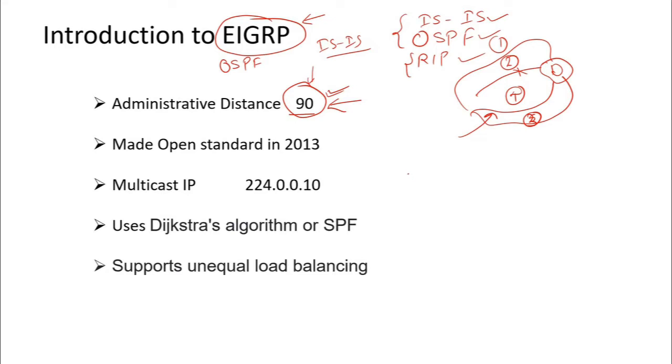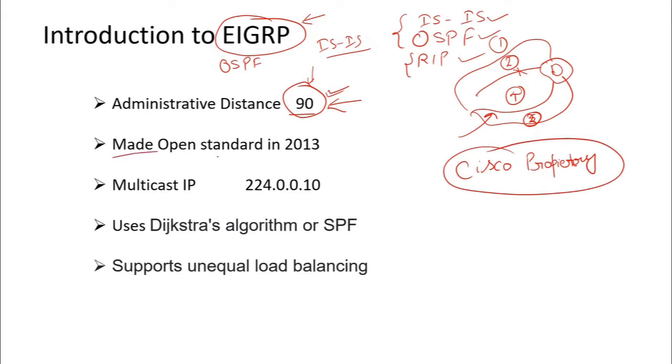The basic reason for that is that it was Cisco proprietary. Mind my words, it was Cisco proprietary, right? It was, which means that right now it is not Cisco proprietary, and they made it an open standard. It was made an open standard in 2013.